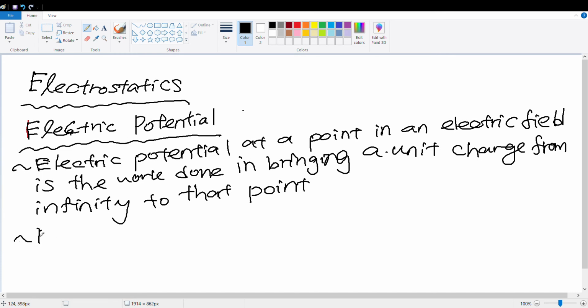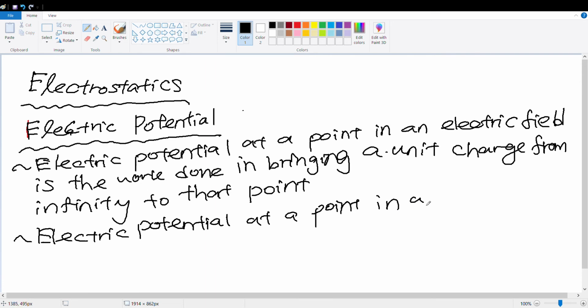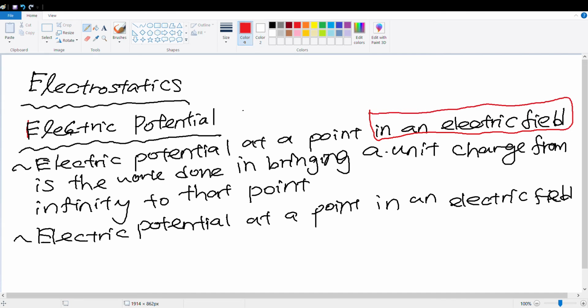As for electric potential energy at a point, of course, anything related to electric must have this condition of being in an electric field, electrostatic force for example.